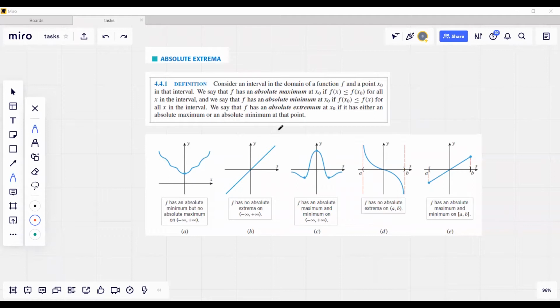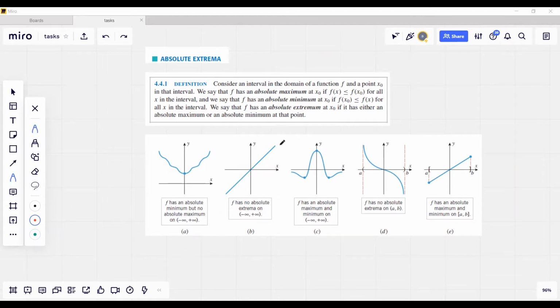Existence of absolute extrema points is not always guaranteed. Let's take a look at the following graphs. In the first graph, we can see that our function increases without bound as x goes to minus and plus infinity. In this case, we have an absolute minimum, but no absolute maximum on the interval from minus infinity to plus infinity.